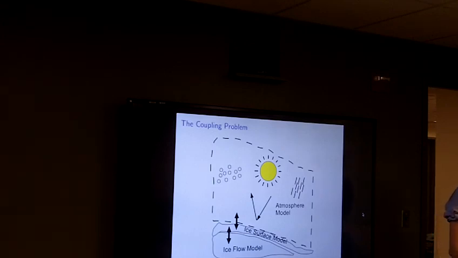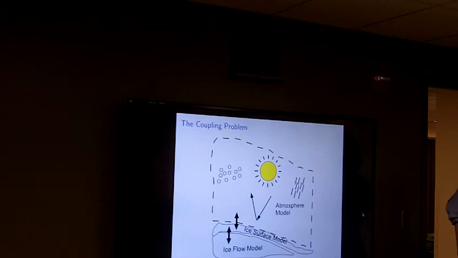I was just going to ask how close do you think the field is to a dynamic firn in an ice sheet model? I mean, how close is this project to a successful two-way coupling? Well, I was thinking more of getting a dynamic firn model.